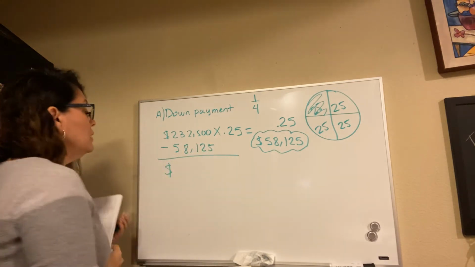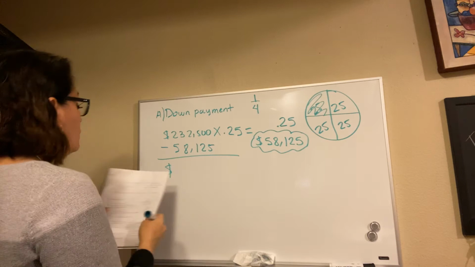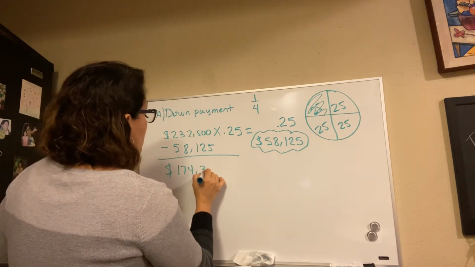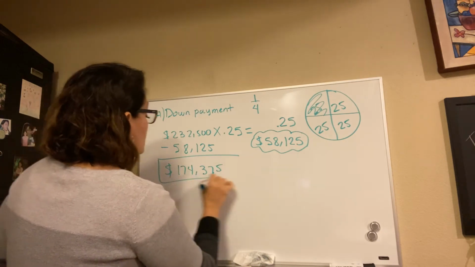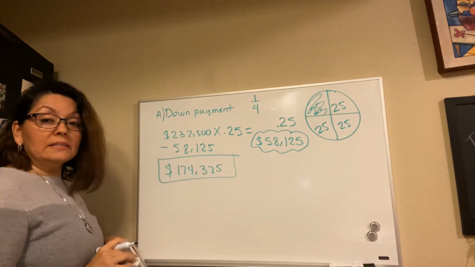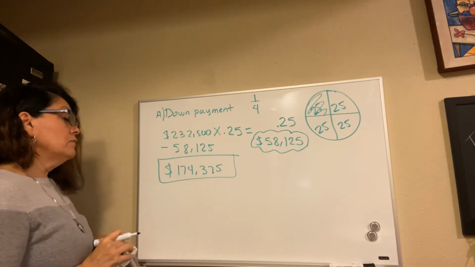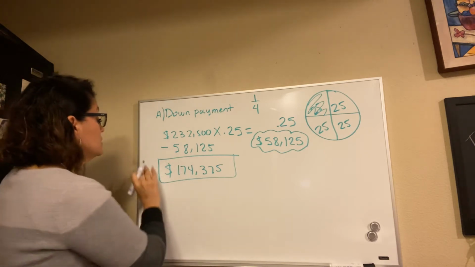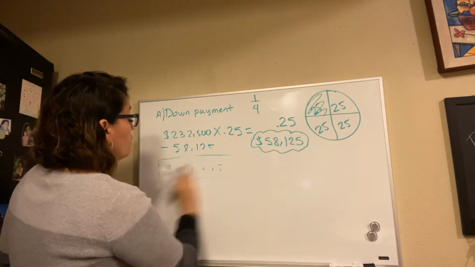So in reality, these people are going to borrow 174,375. So now I have that amount. So pay attention, it's 174,375. And now I'm going to do those 3 steps that we did before.